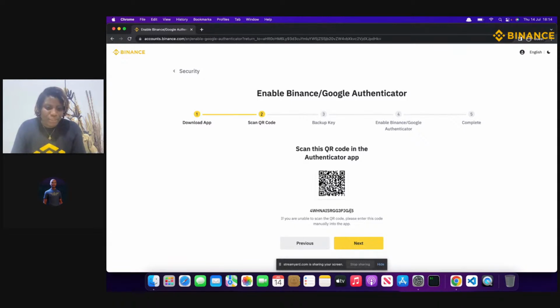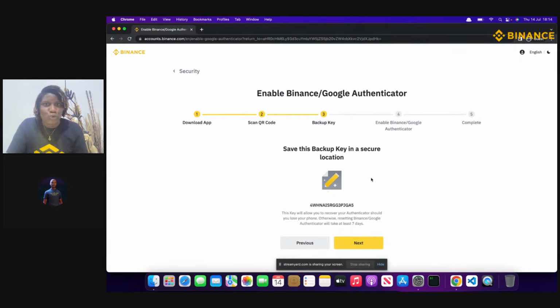So let's scan it. You just take your phone and scan your code. Now after scanning the code, what happens next? Your secret is going to be saved, but it's imperative that you also keep it safe somewhere manually. Write it somewhere manually. So we go next. As I just said, you need to save this backup key in a secure location.